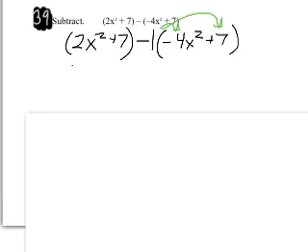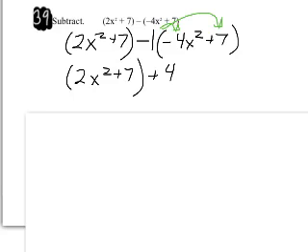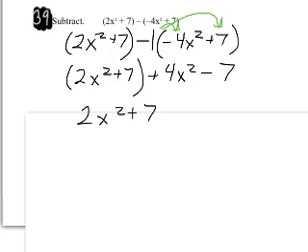Okay, so we'll just rewrite this one. We have 2x squared plus 7, and here we're going to distribute that negative 1. So we get a plus a positive 4x squared and a minus 7. Okay, so now we can remove our parentheses. And so we have 2x squared plus 7 plus 4x squared minus 7.